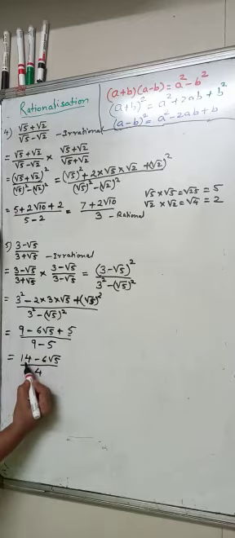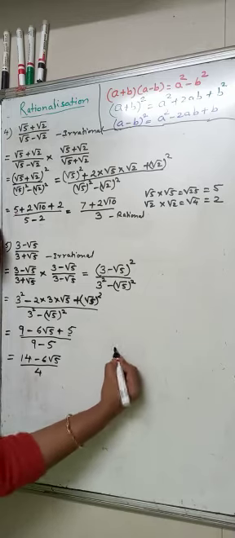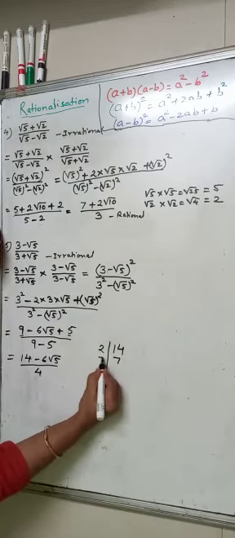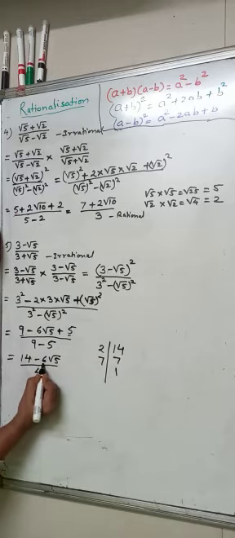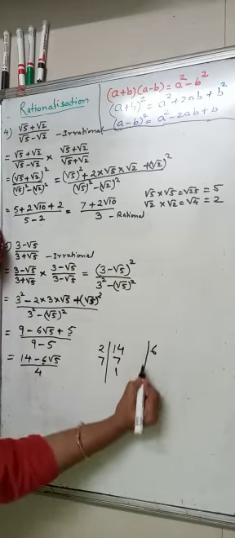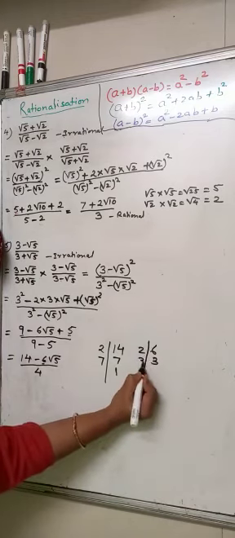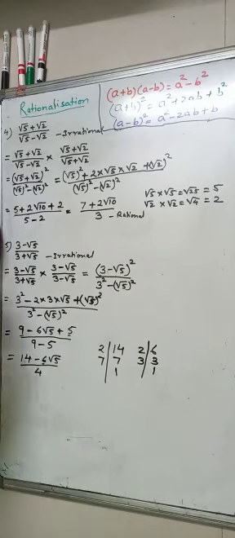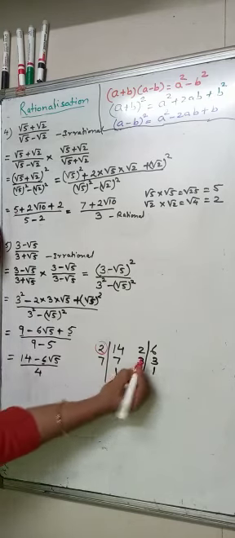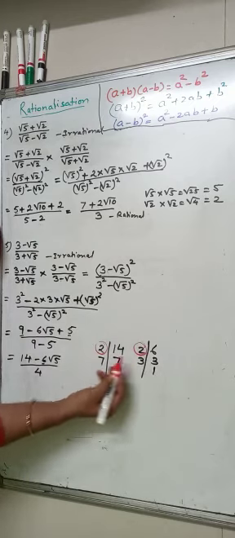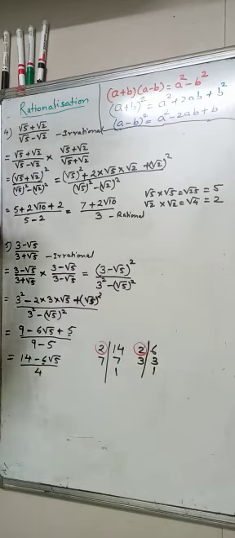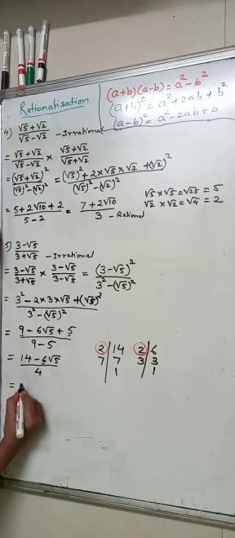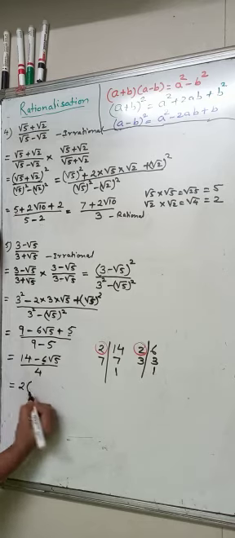Now look at this, 14 and 6. We find the factors of 14: 2 sevens are 14, 7 ones are 7. We find the factors of 6: 2 threes are 6, 3 ones are 3. Now in this you find 2 is common, 2 is the common factor. So we can take 2 as the common factor into the bracket.